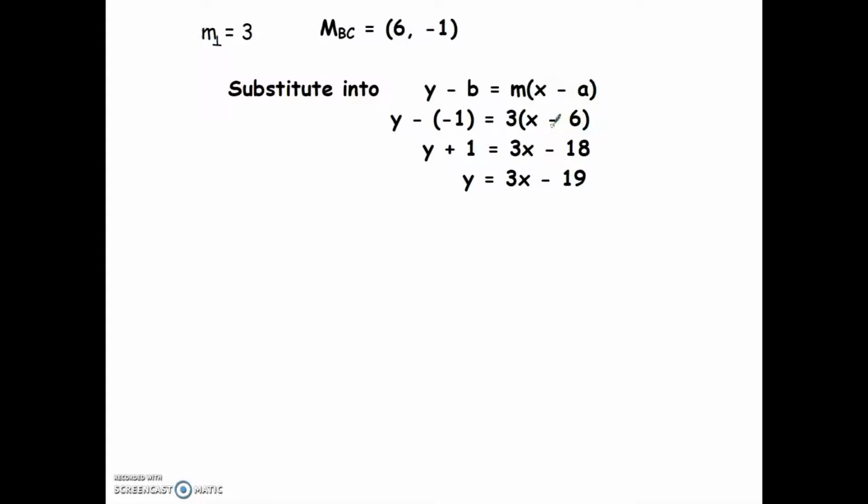I then start dealing with the negatives and things like that. So I have y subtract minus 1 equals 3 bracket x minus 6. Two negatives make a positive. y plus 1 equals 3x subtract 18. I'm going to take away 1 from this left hand side, giving me the final answer, y equals 3x subtract 19. And that is the conclusion to part A.